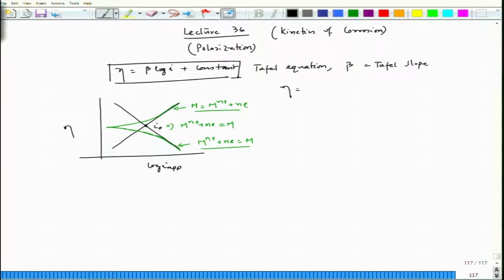and this eta C is nothing but eta C or eta A, either it could be cathodic over voltage or anodic over voltage, which is due to cathodic as well as anodic polarization respectively, is due to activation polarization.